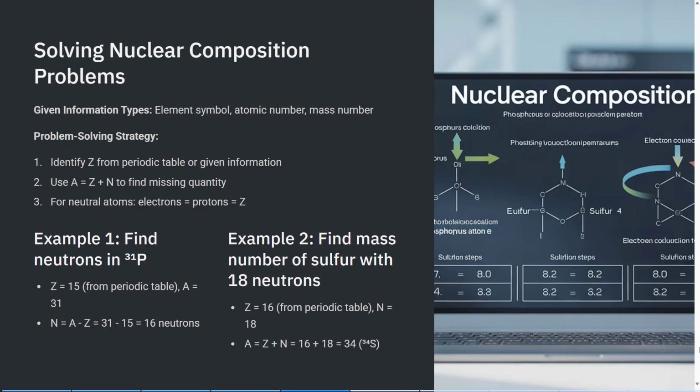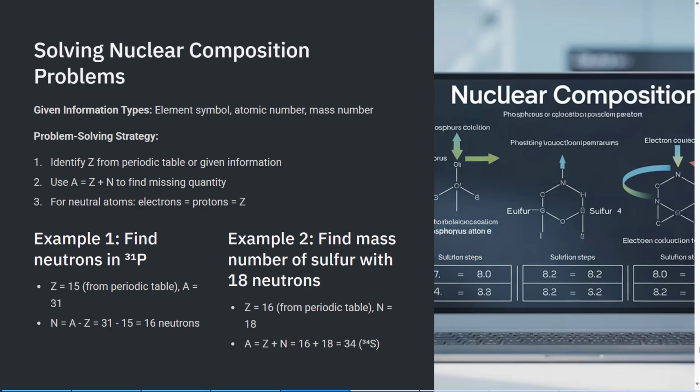Step 1. From the periodic table, phosphorus has atomic number 15. So Z equals 15. The mass number A equals 31. Step 2. Using A equals Z plus N, we get 31 equals 15 plus N. Step 3. Solving for N gives us 16 neutrons.